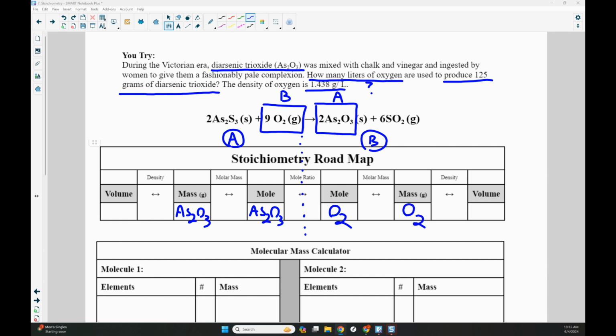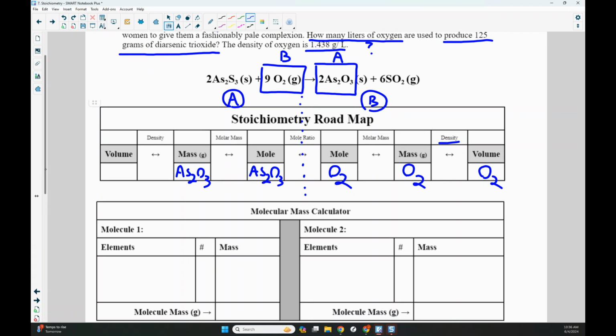So we're going to convert from moles to grams. And then finally, using density as our conversion factor, we're going to convert from grams of oxygen into liters of oxygen. Okay, so there is our plan, and we're going to refer back to this as we go through here and plot out our solution.